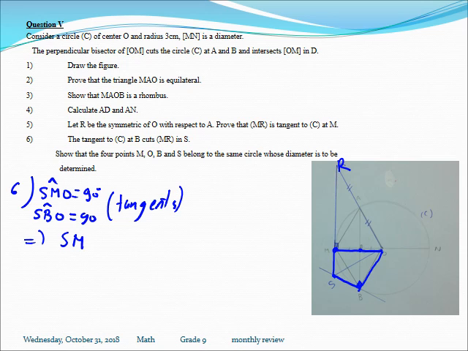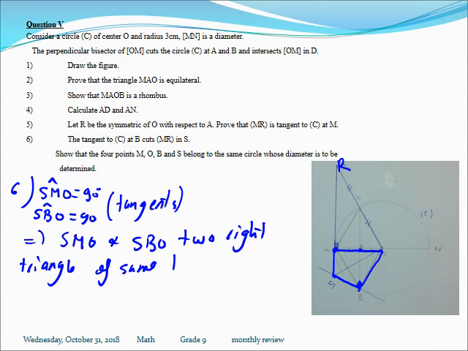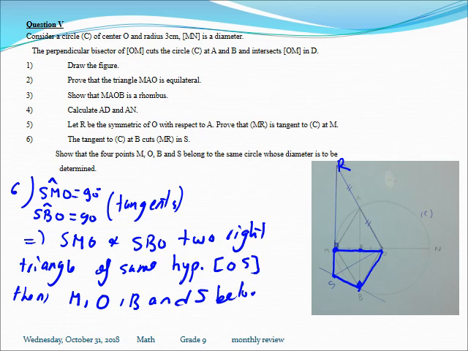So SMO and SBO are two right triangles with the same hypotenuse OS. Then M, O, B and S belong to the same circle of diameter OS.